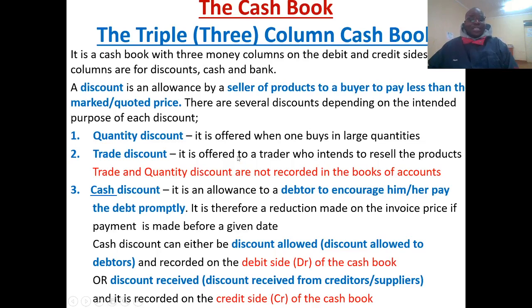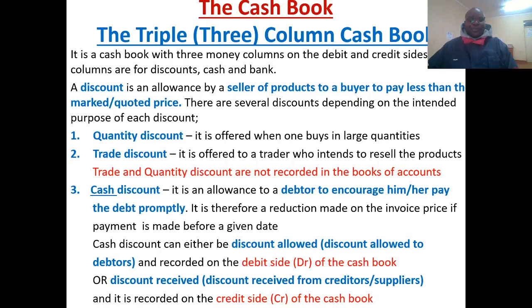Both are not recorded in the books of accounts. But a cash discount is recorded in the cash book because it is involving receipt and payment of cash.